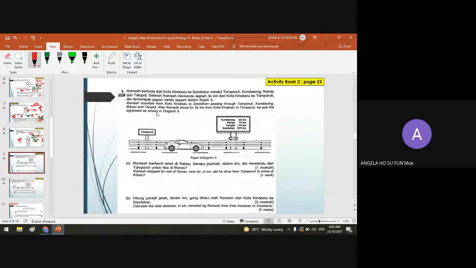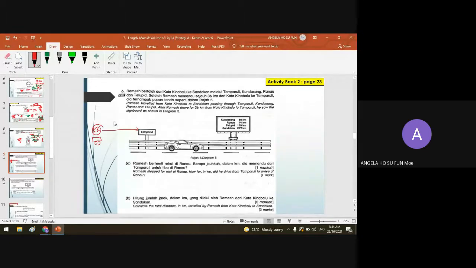Then Ramesh drove for 36 kilometer from Kota Kinabalu to Tampaluri. Means that from Kota Kinabalu to Tampaluri, here is Tampaluri. You can see the sign of Tampaluri. Kota Kinabalu is somewhere here, I put KK somewhere here. From KK, his car is actually going to Tampaluri.